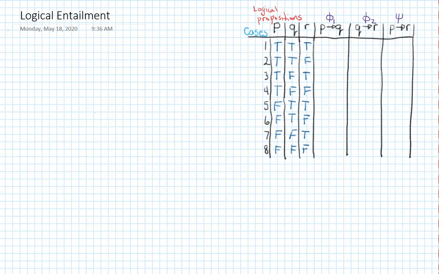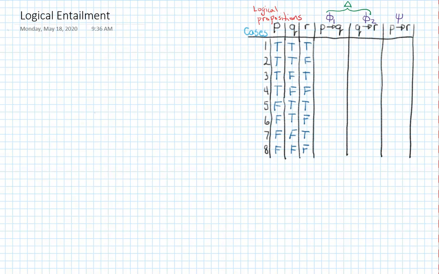I'm going to throw in one more level of complexity, which is not that bad, but still it does kind of freak students out. I am going to now define these 2 sentences together to be delta, or a set of sentences.